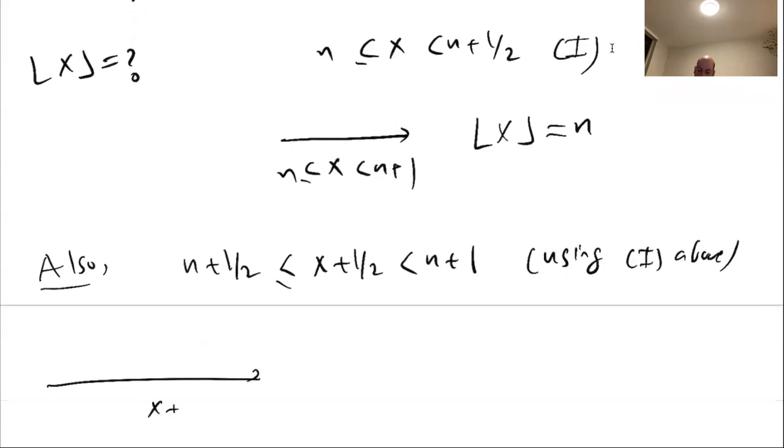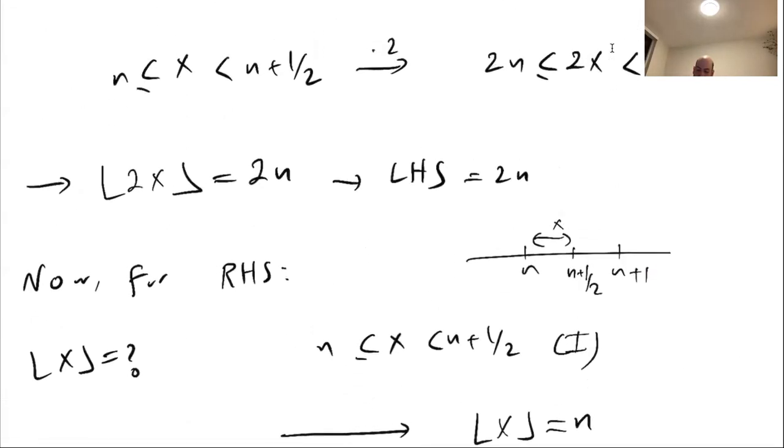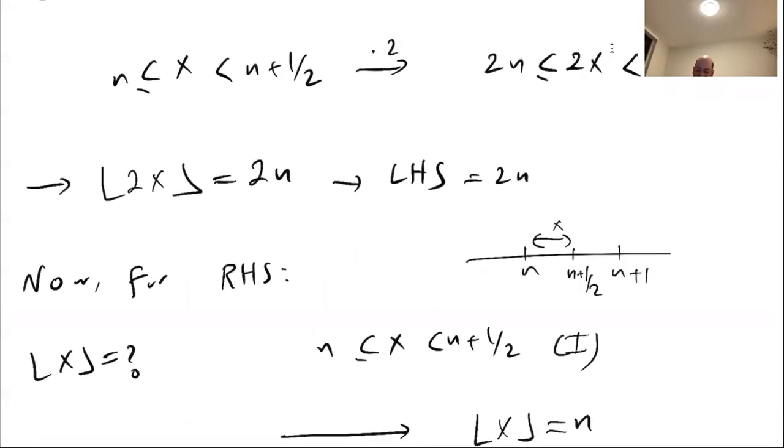So x plus 1/2 is going to be bigger than n, less than n plus 1, right? See, if x plus 1/2 is in the second gap, look at the second gap, x plus 1/2 will be here.